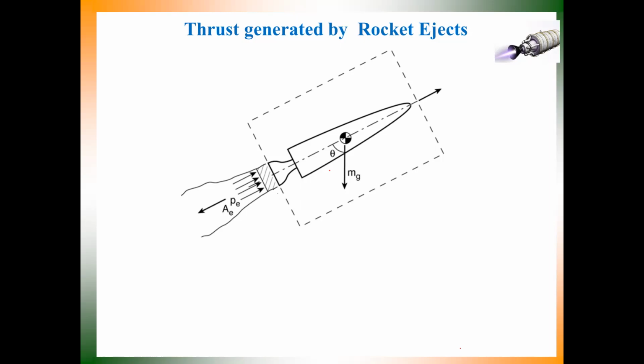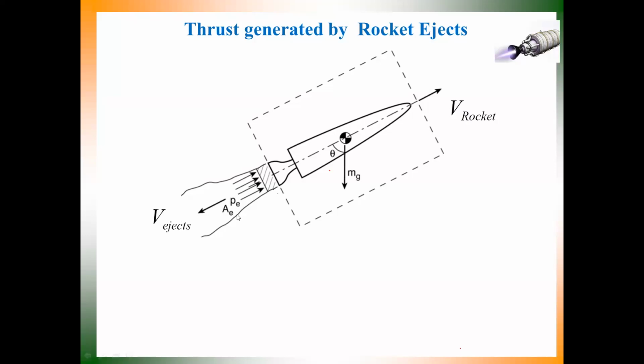This is the direction of velocity of the rocket, and this is the direction of the ejected mass, which comes out through the rear part of the rocket. This is the ejection velocity, you see.